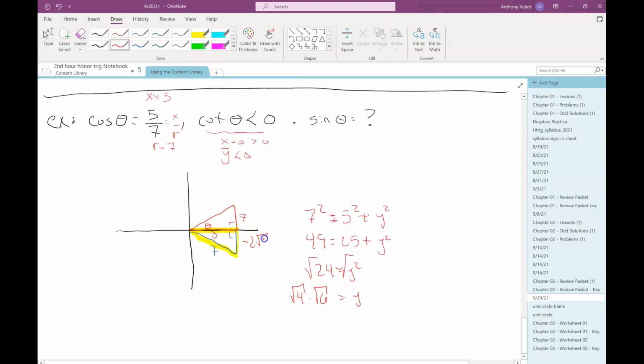Square root of 4 is just 2. So I have 2 square root 6. Everybody happy there? And then lastly, sine theta is y over r. So that's -2 root 6 over 7.